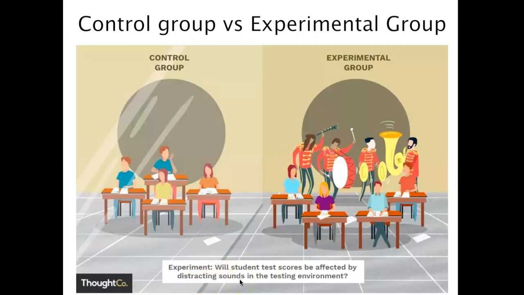The dependent variable is going to be their test scores, right? So now I can look at it: if the test scores are the same between the two groups, then your conclusion would be that no, the distracting sounds did not affect their test scores. But if the test scores are drastically different, and maybe they're better or maybe they're a lot worse, that would be a dependent variable and that would be your data. And so you can draw conclusions based on that data.